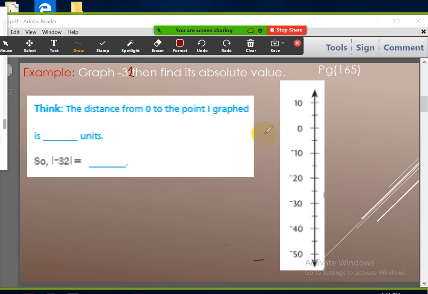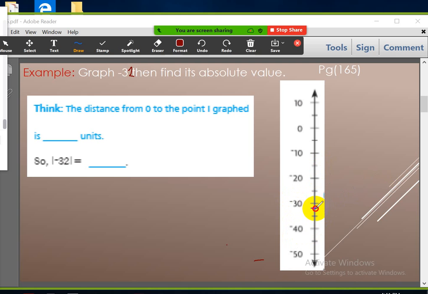So this is the vertical number line. The vertical number line has the positive numbers on top and the negative numbers down. So what is -32? It will be between -30 and -40. It will be here.